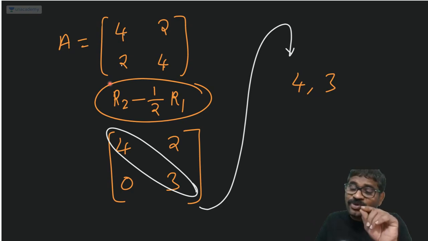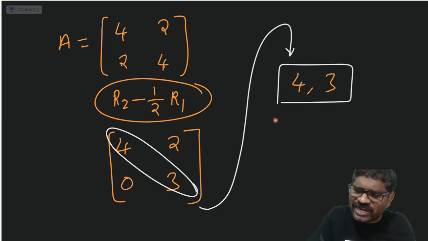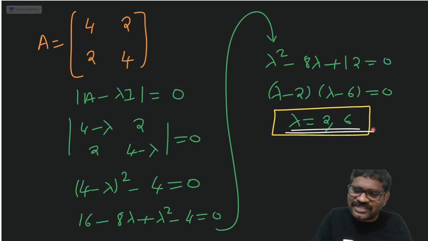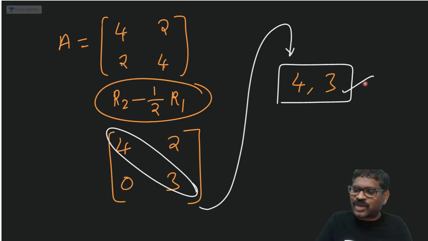One beautiful technique I will tell you. What is the product of 4 and 3? Product is 12. The product of eigenvalues is the same. Here the product is 12, here also the product is 12.